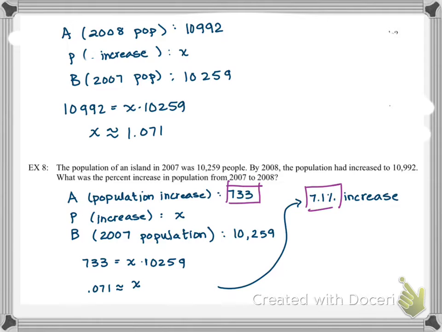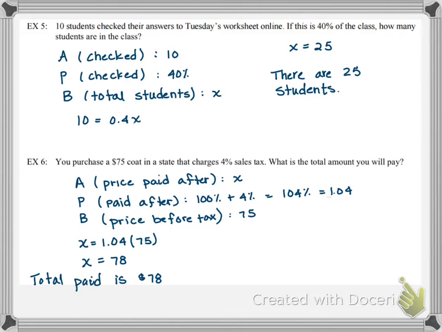Like on number 6, if you said 4% for your percent, that would represent just the tax, whereas the $78 represents the tax and the cost of the coat.